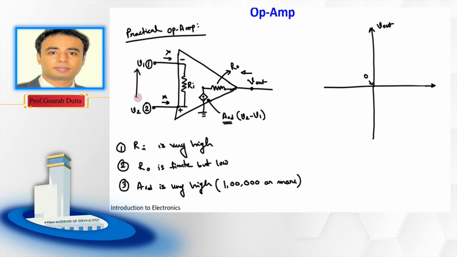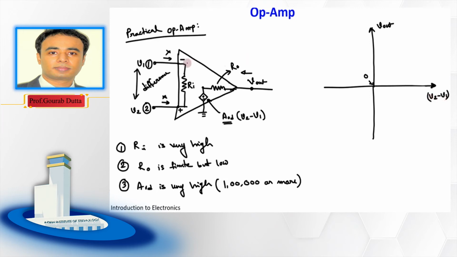So the input voltage is nothing but the difference voltage between the two input terminals, which is V2 minus V1. If the op amp is operating in the open loop condition, what do you expect when V2 minus V1 is positive?